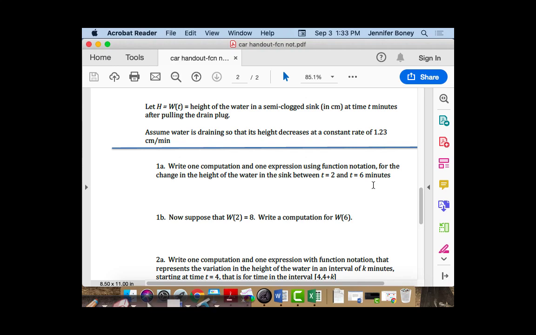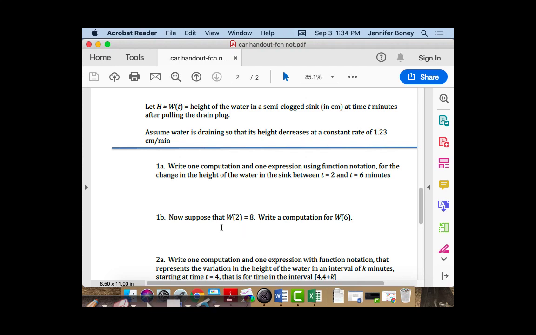So we were using function notation along with this, unlike when we did this just earlier. Function notation used, for instance, W of 2 equals 8 to indicate what this 8 is. You remember that W of 2 indicates the value of the dependent variable, or the dependent quantity. In this case, this capital W of t is the height of the water in the sink measured in centimeters.